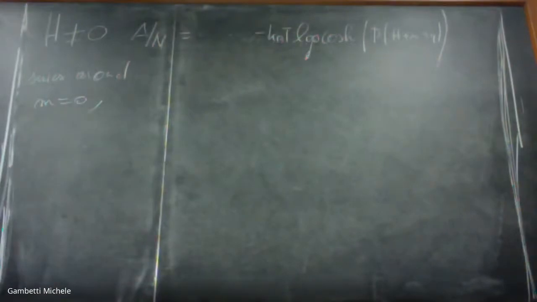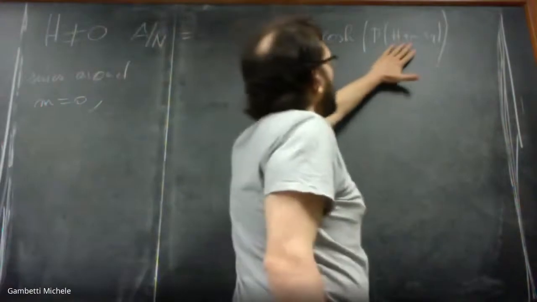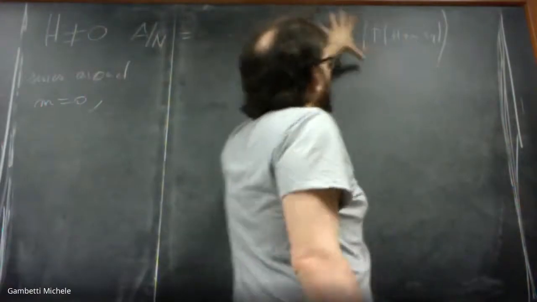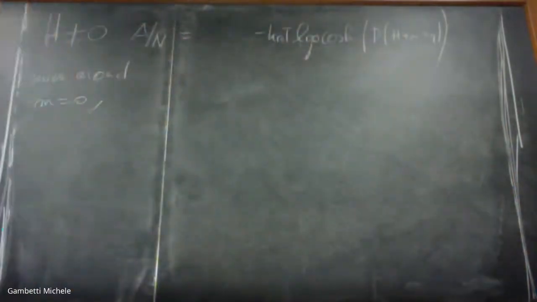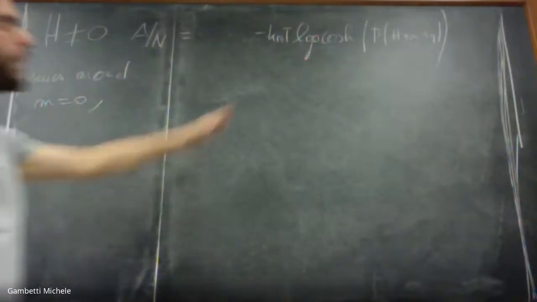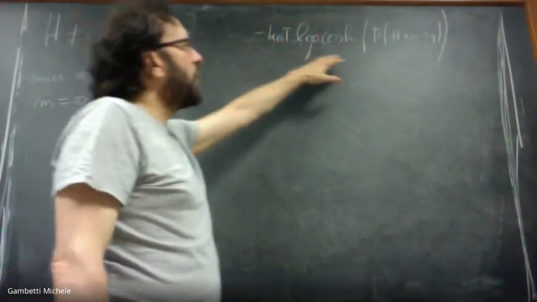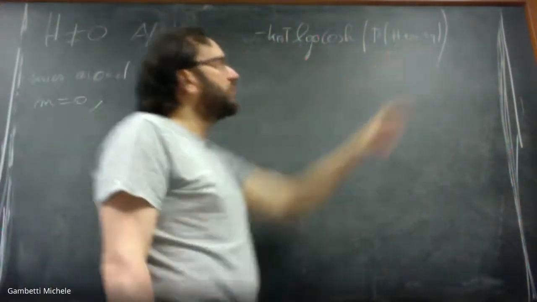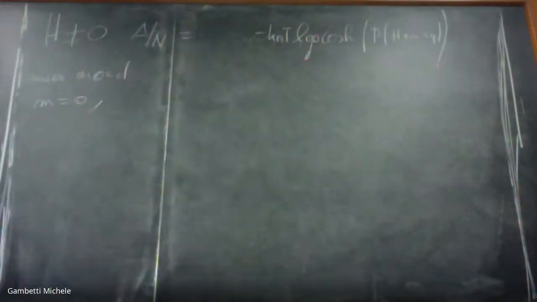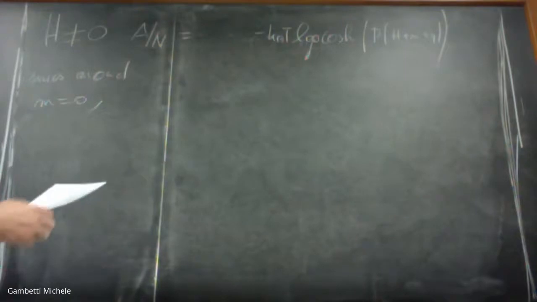For m equals 0, of course I will have a constant, so this function computed at m equals 0. Then I will have a term which is now linear in m, because the first derivative of this quantity with respect to m is now different from 0.